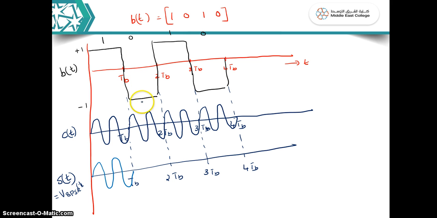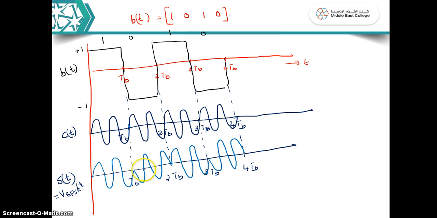When it is 0, that is -1, I have to multiply with this. So this starts from this point, right? When I multiply with -1, it just inverts. So here it started from 0 to high, and I should start from negative. Again a +1 comes, so I start from positive because the same thing is transmitted. Again here 0, so minus. It's inverted polarity, so it should start from minus.